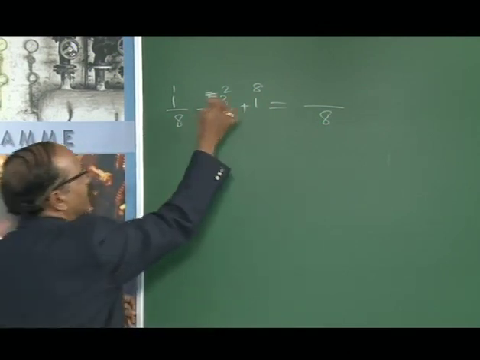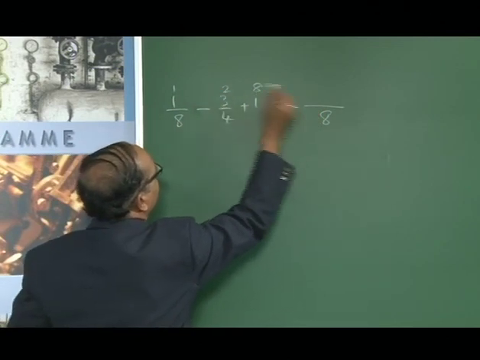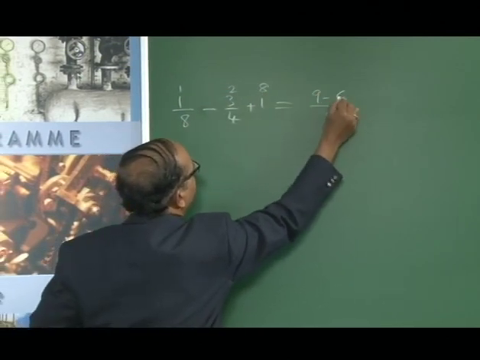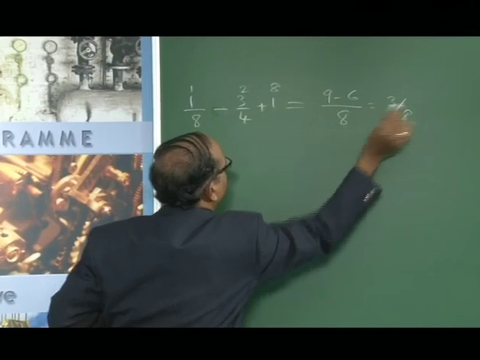So 8 plus 1 is 9, 9 minus 6, it is 3 by 8.